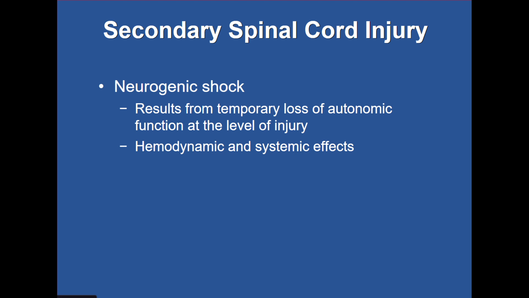When we talk about spinal damage, we also have to talk about neurogenic shock that can result. And remember, neurogenic shock, we talked about this a little bit in the first one, can be hidden at first because they look pink, warm, and dry. And so they don't have that typical shocky presentation of pale, cool, and clammy.